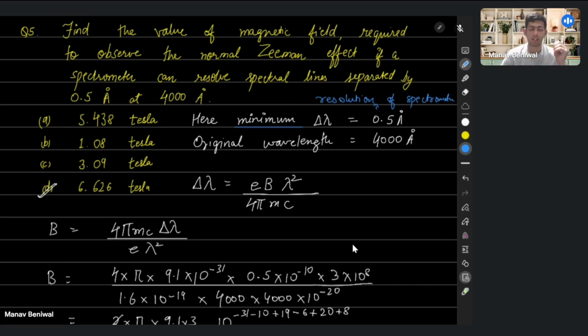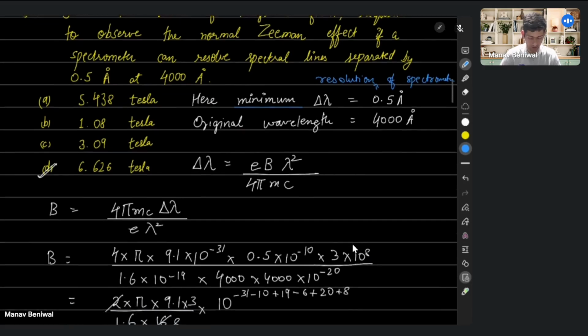So our minimum delta lambda has to be equal to the resolution of the spectrometer, which is 0.5 angstrom. Then we just put the values in the formula, calculate, and we get roughly 6.6 Tesla.